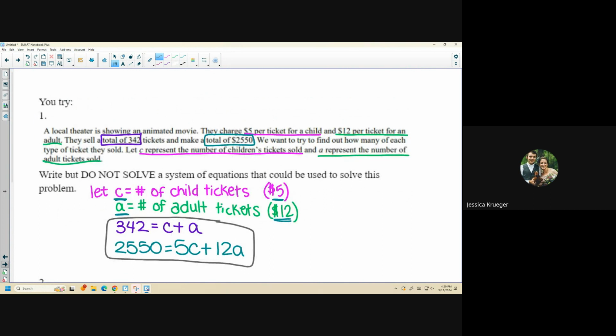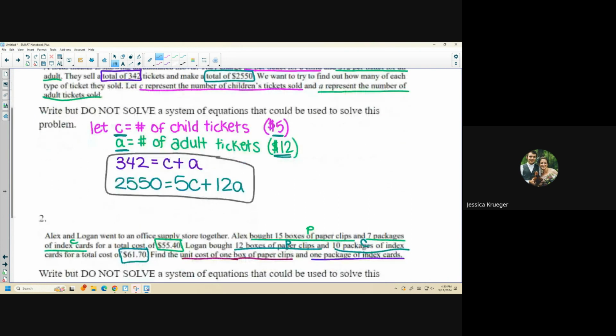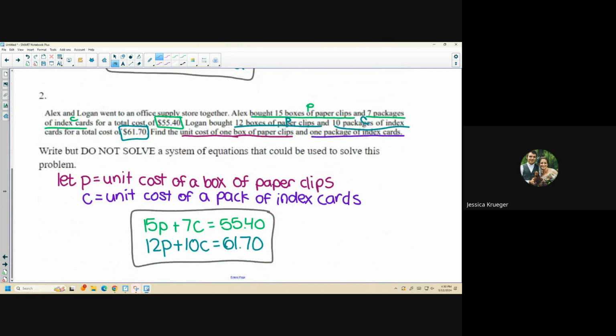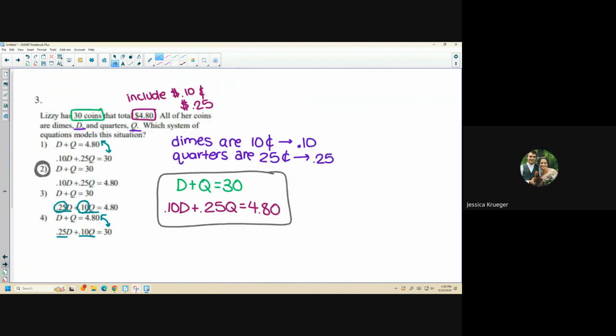Okay, here's the setup for number 1. Pause it so you can check it. Here's number 2. Go ahead and pause that if you need to check it. Here's number 3. Please make sure you look carefully at your answer choices. What are the things that they did in the other answer choices that we have to watch out for?